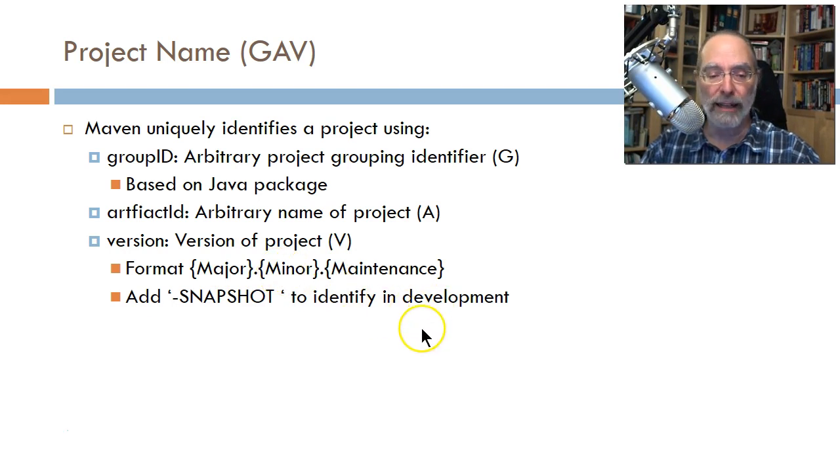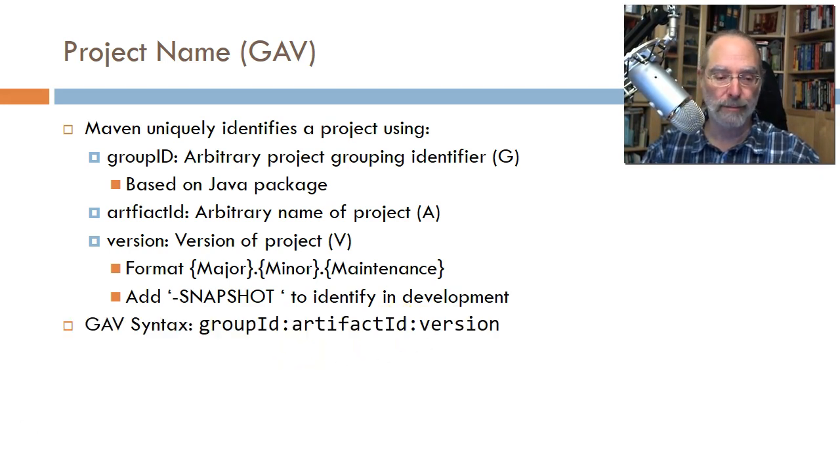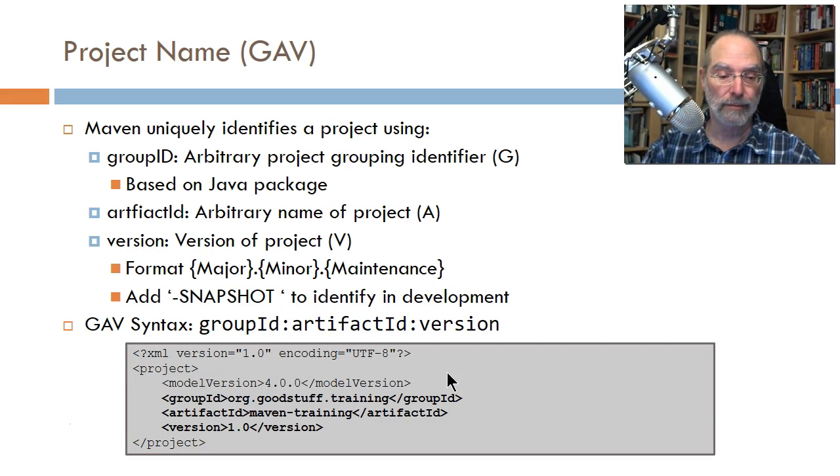It's probably a good idea when you're working to see what a company standard might be for versioning of your code. So altogether, it's group ID, artifact ID, version. Here we can see a block from a POM file. Technically, this would be about the smallest POM that you could create.